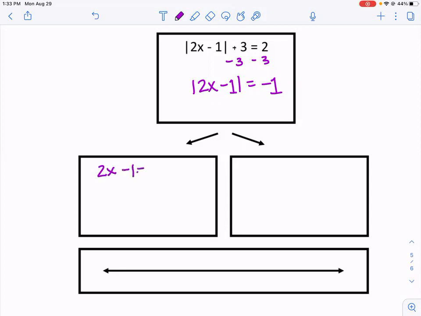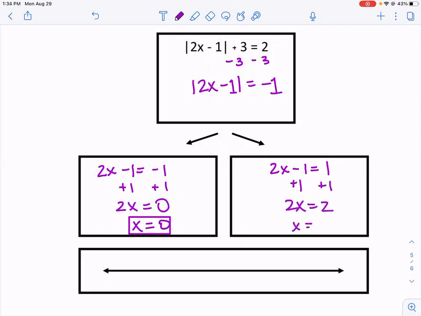So 2x minus 1 equals -1, and 2x minus 1 equals 1. Here, if I add the 1 over, I get 0. So when we divide by 2, we get x equals 0. Over here, if I add the 1, 2x equals 2, so x equals 1.